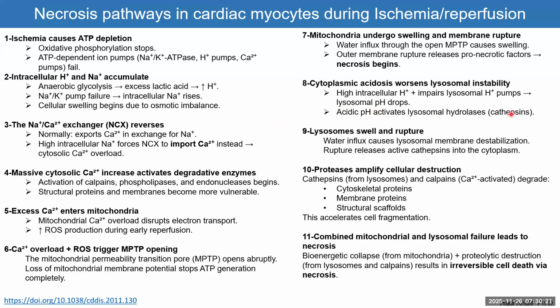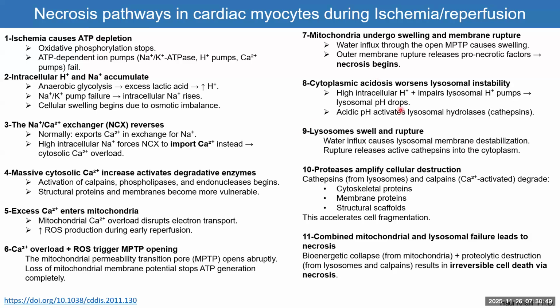There's an example here for you. Acidic pH activates lysosomal hydrolases, like a protein called cathepsin. This is a group of them. So the lysosome grows and leads to the rupture. And again, remember that necrosis is not a well-organized process. It's happening passively.